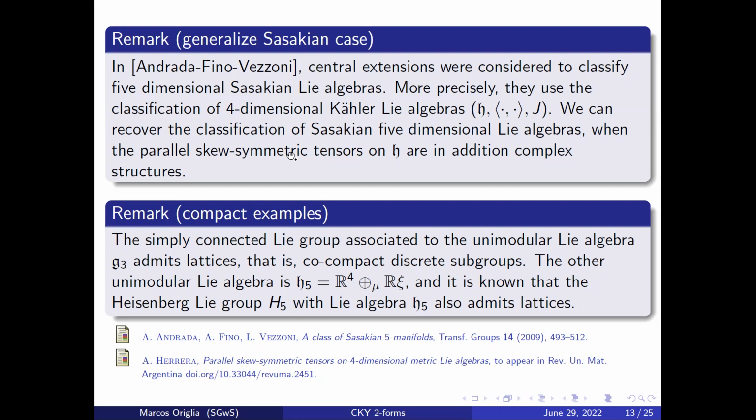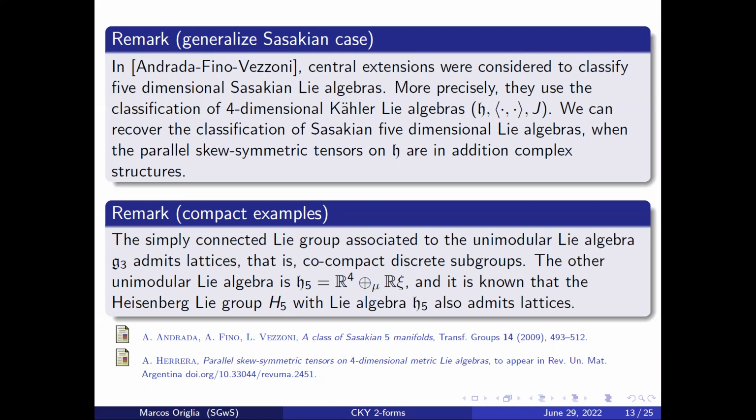So as Cecilia classified all the skew-symmetric parallel endomorphisms in dimension 4, in particular, when they are complex structures, we have the Kähler four-dimensional algebra.